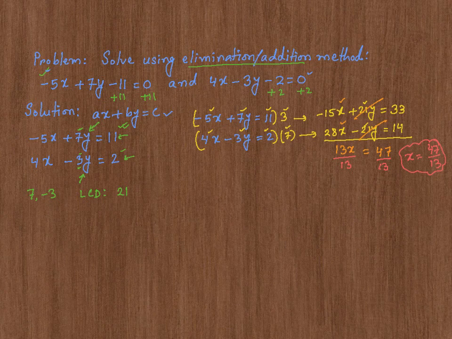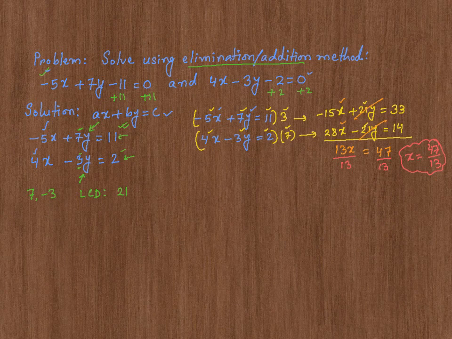Now we are going to do an exactly similar thing. However, this time instead of eliminating y, we are going to get rid of x. Now let's look at the coefficients of x in this system. The first coefficient of x is negative 5, the second coefficient is 4.